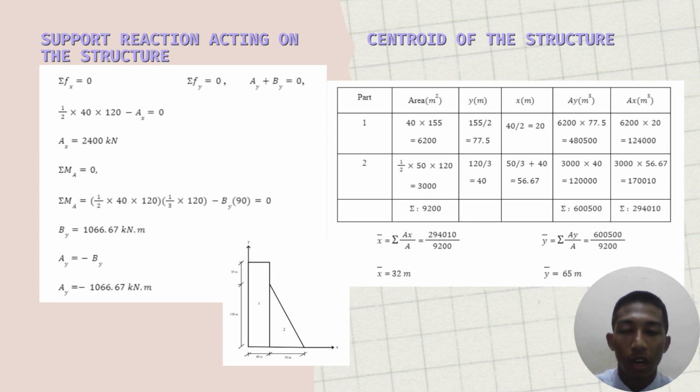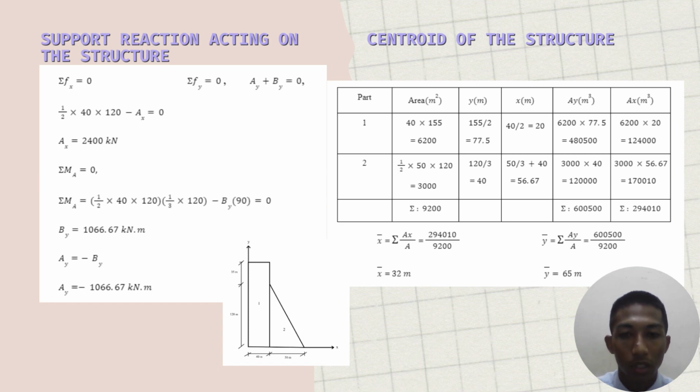From this calculation, I have got the AX value, which is 2400 kilonewton, and AY is equal to negative 1066.67 kilonewton meter. Here, AY is equal to negative BY. So the BY value is 1066.67 kilonewton meter.